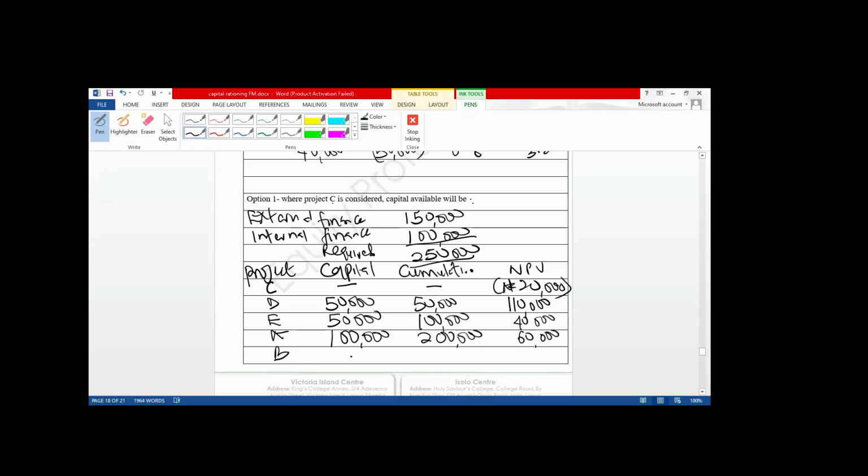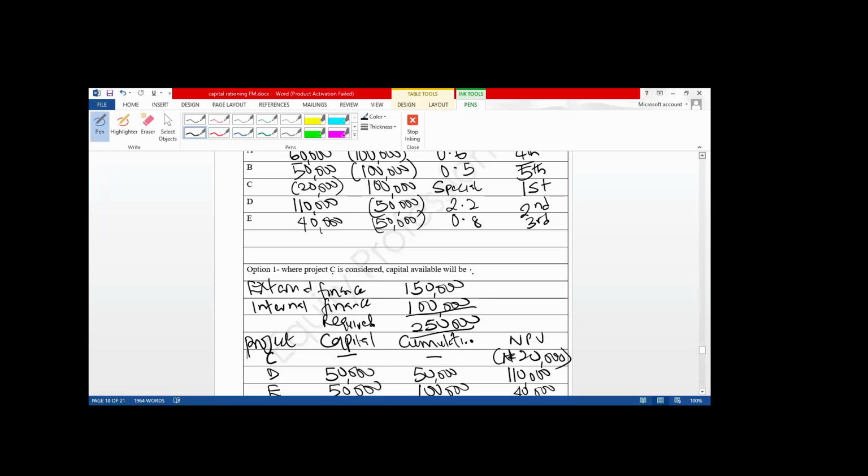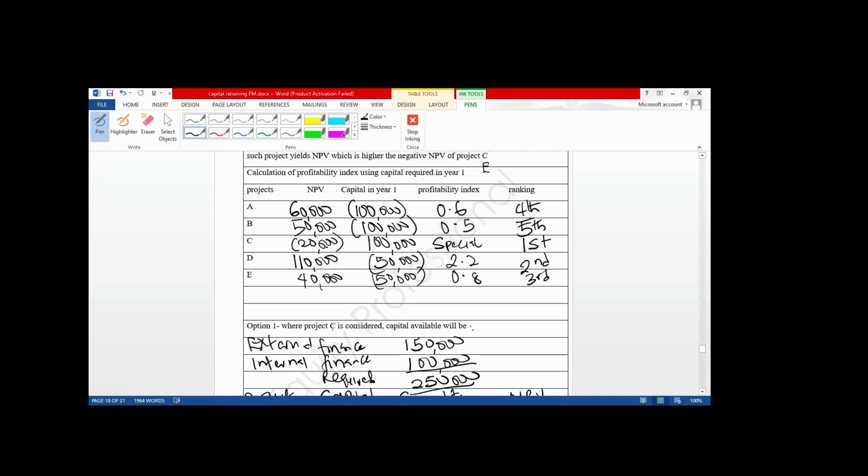We can take 50 over 100, the remaining capital available divided by the capital required for project B. We can only do 50%. Cumulative 250. That means you can only take 50% of project B NPV. 50% of 50,000 is 25,000.